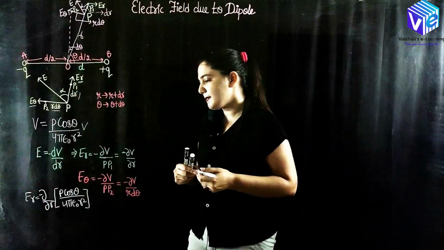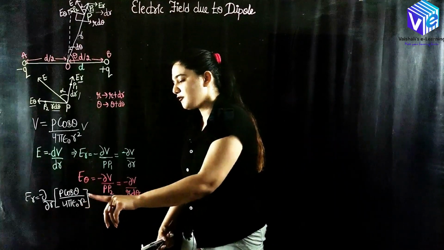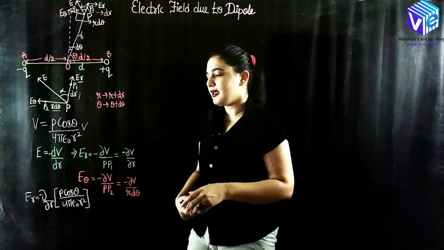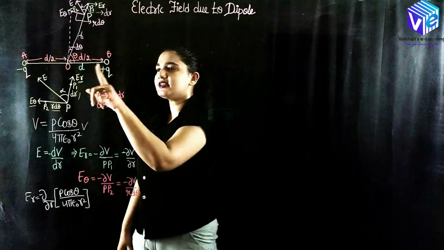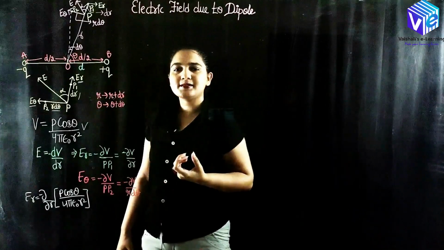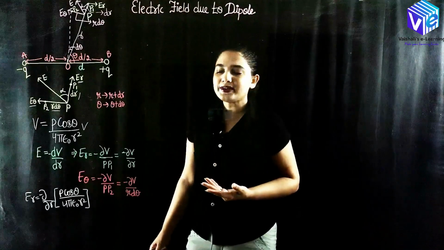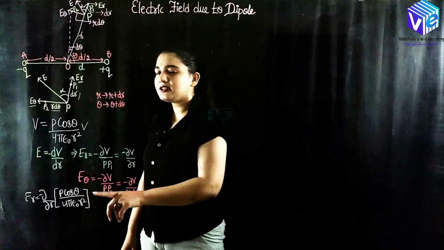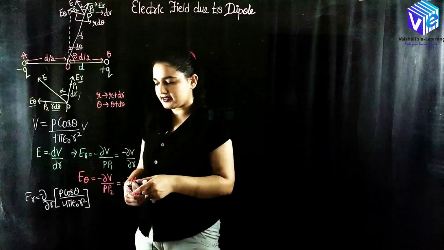So ER will be minus del by del R of P cos theta upon 4 pi epsilon naught R square. Now P will be constant because my charges are not changing and distance is constant. 4 pi epsilon naught is a constant, and cos theta will be constant in this case because we are taking the partial differentiation.